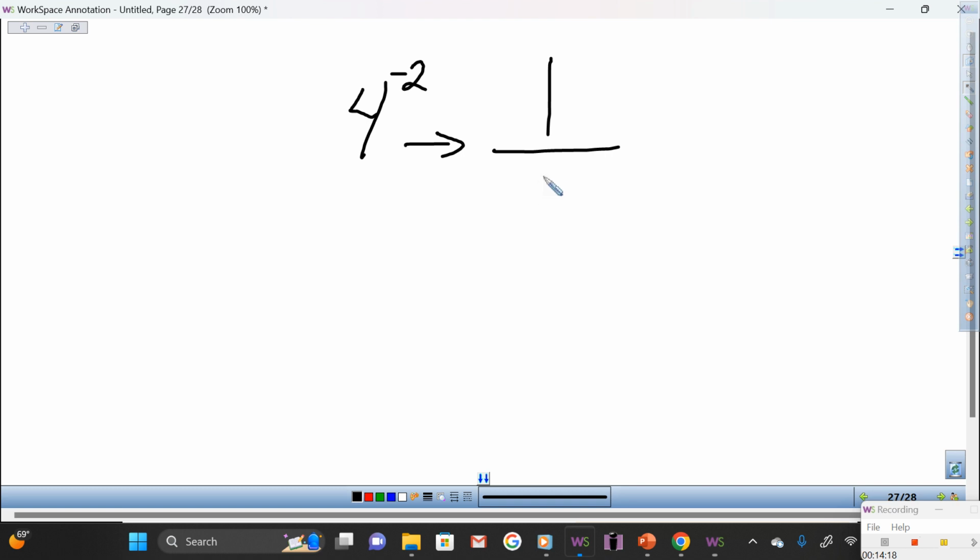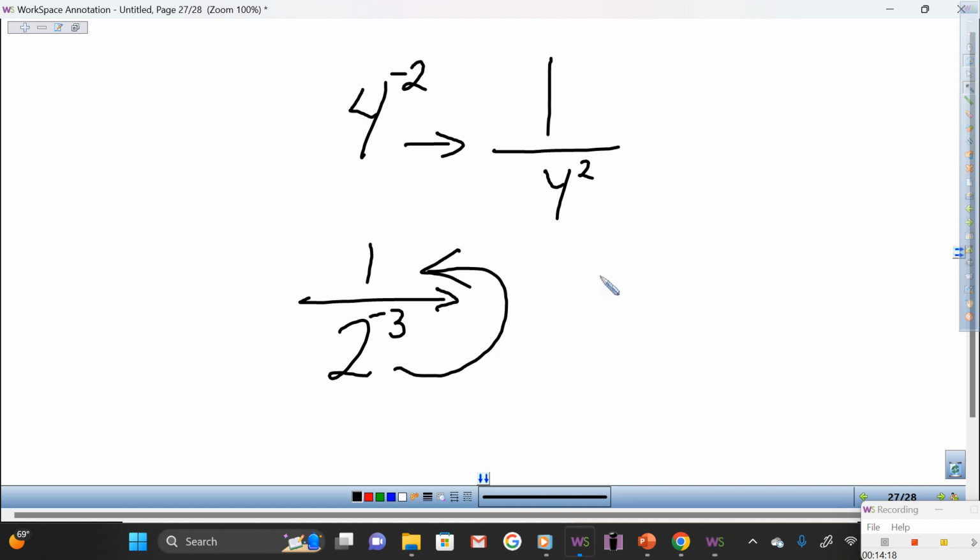You set it either to the denominator or to the numerator. So when it's like this, then it's to the denominator. However, if we have something like that, to change into a positive, it goes to the numerator. 2 to the 3rd over 1, which is 8, and so on and so forth.